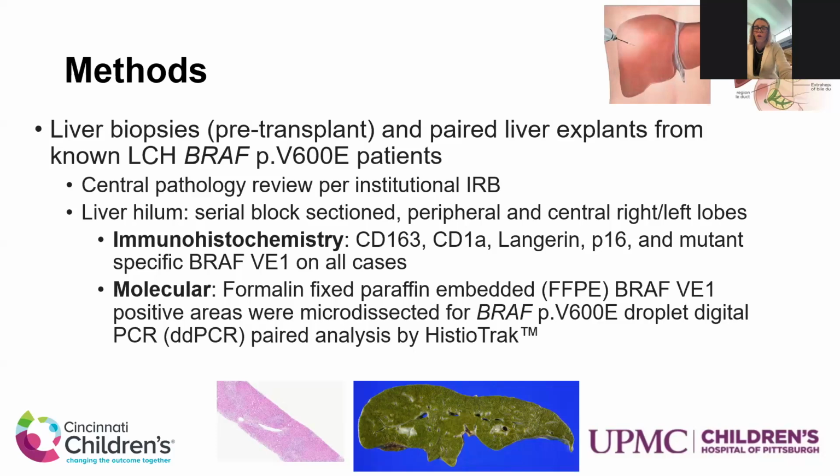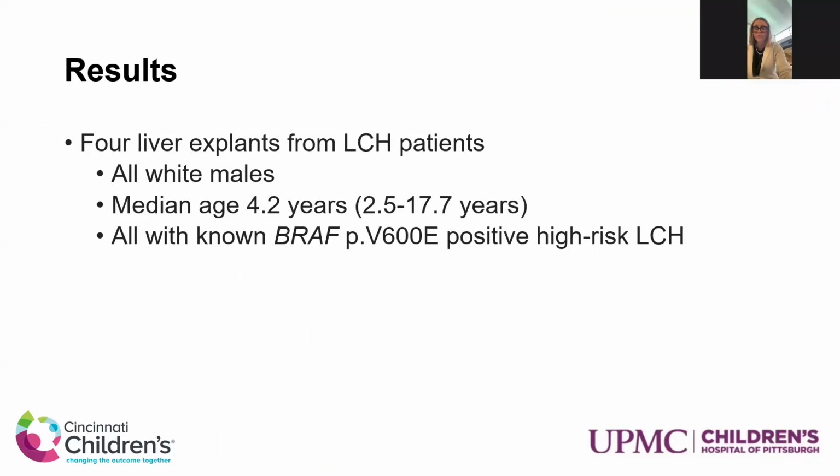And we have always done serial block sectioning of the hilum and then paired that with immunohistochemistry and molecular testing in those cases with the BRAF VE1 positivity. And in our cohort at Cincinnati Children's, we did find 4 cases.